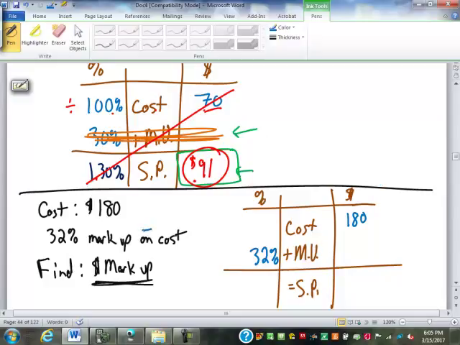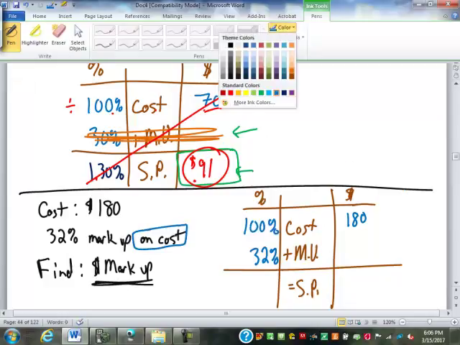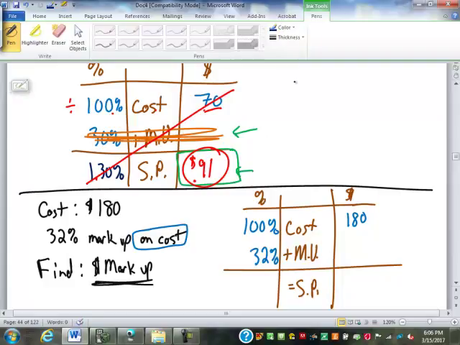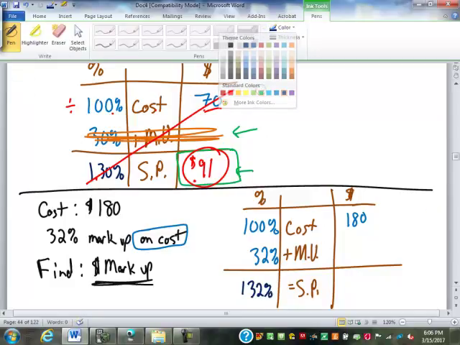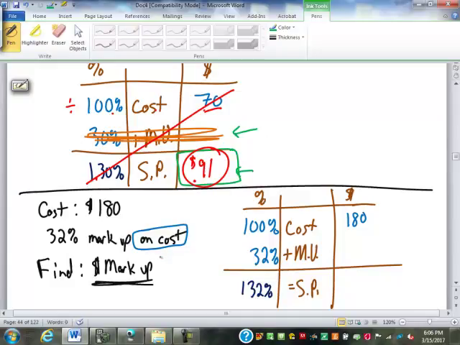Now this says markup based on cost, so that means 100% goes with the cost. What else does that tell us right offhand? 132%. Selling price is 132%. What are we looking for here? The dollar amount of the markup.